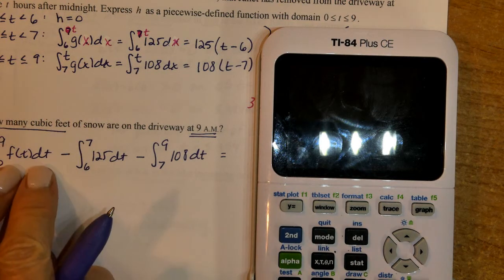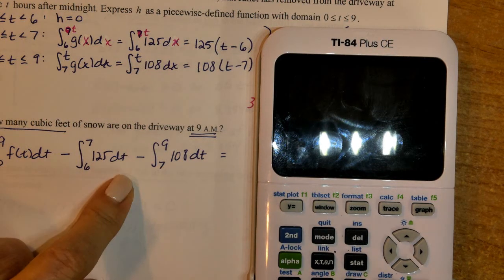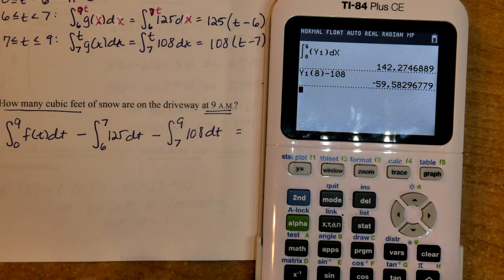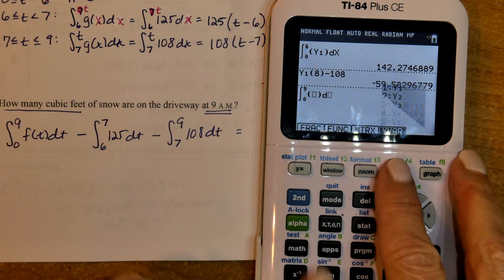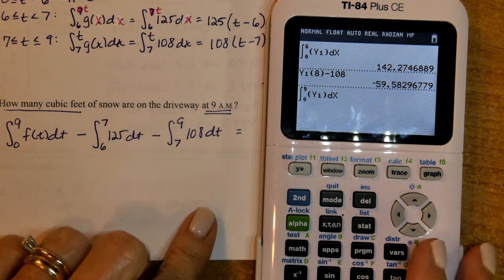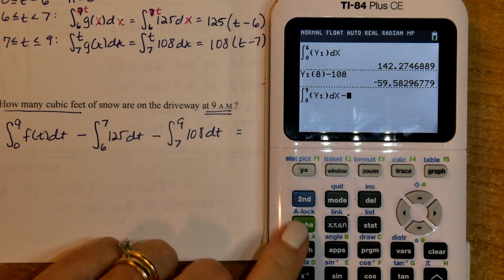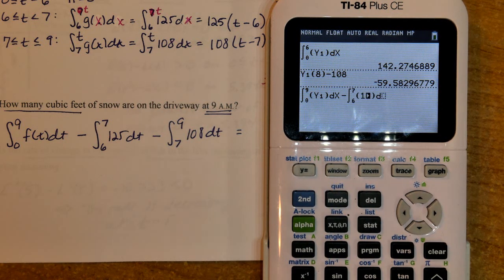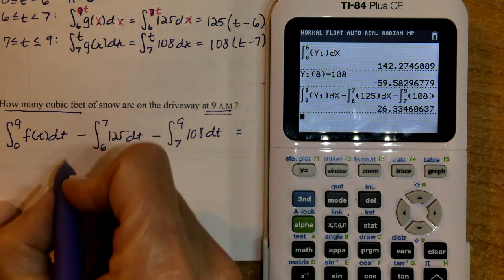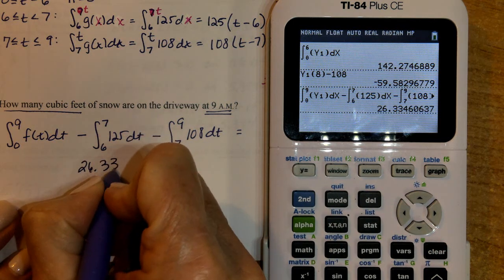So total amount in minus total amount out: integral 0 to 9 of my f of t, minus integral 6 to 7 of 125, minus the integral 7 to 9 of my 108. So we get 26.335.